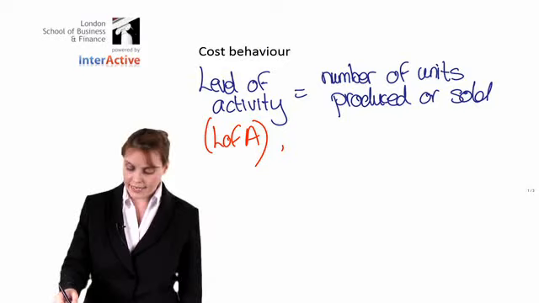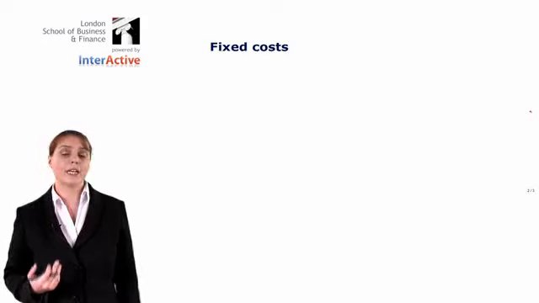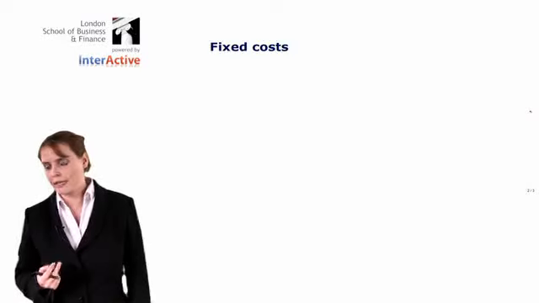A fixed cost is a cost that remains constant in total terms as level of activity changes. So in other words, we don't expect our fixed cost to change even when we increase or decrease our production activity. An example of a fixed cost would be rent on our factory.